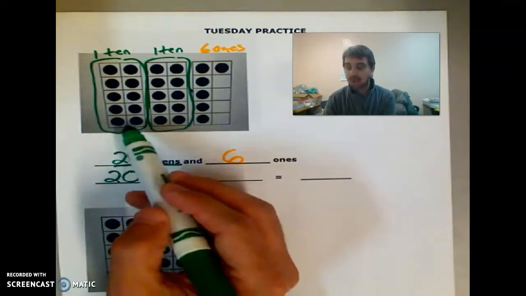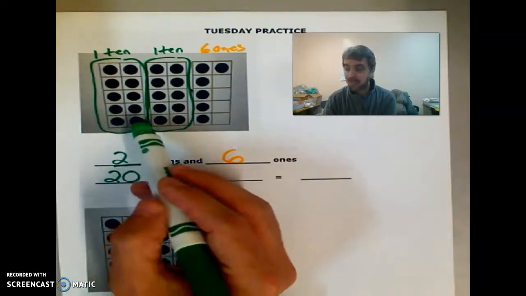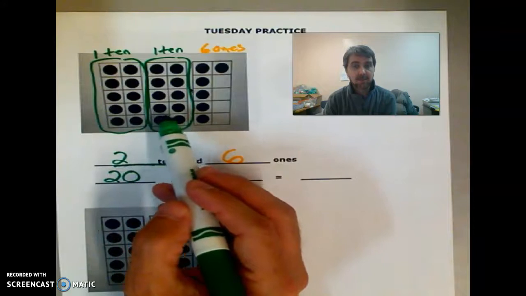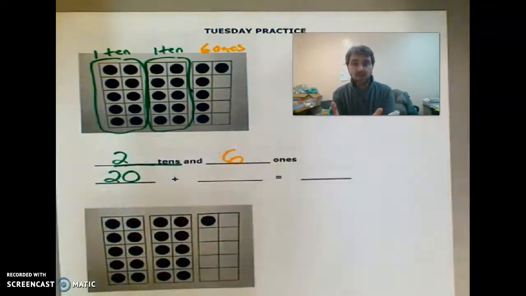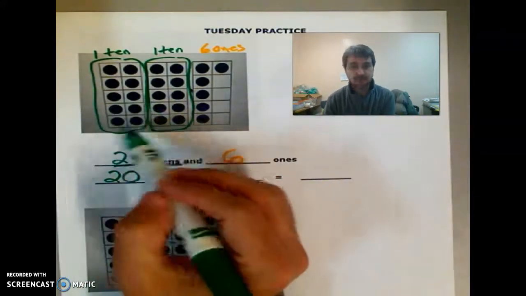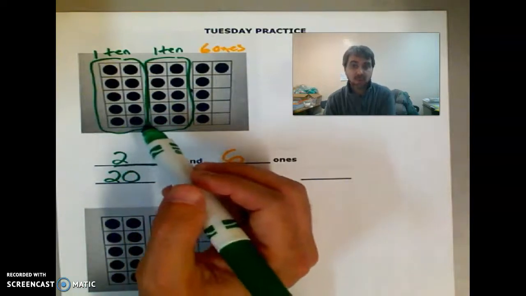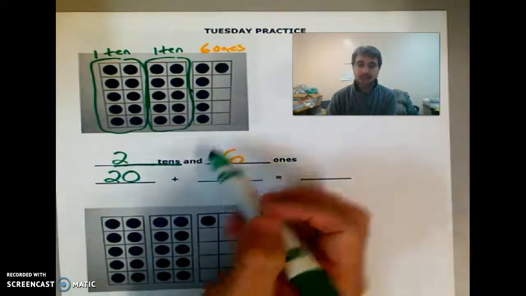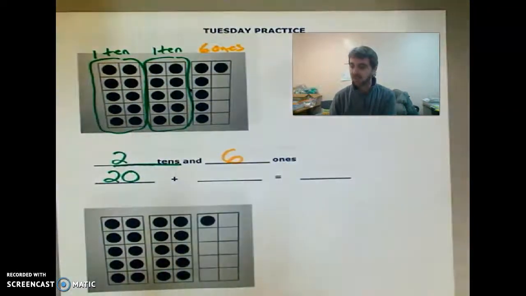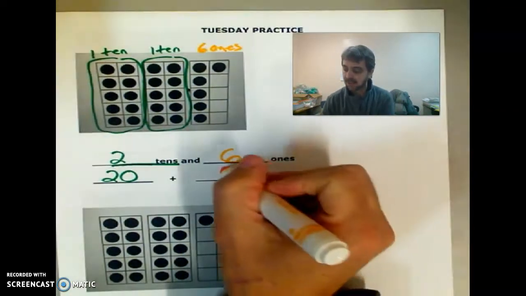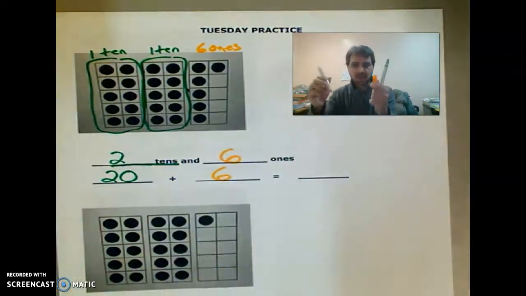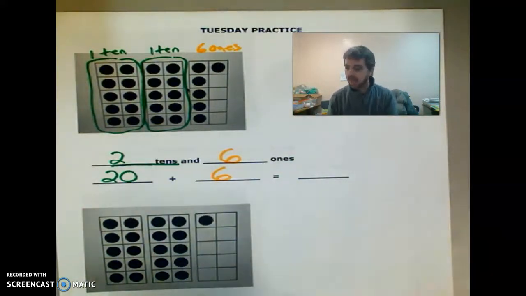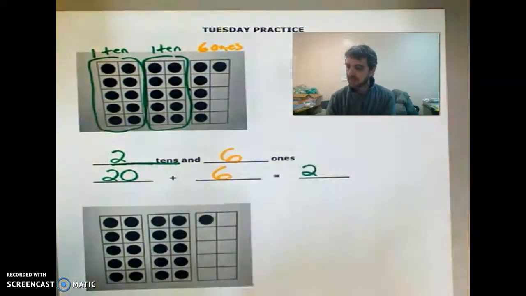Or 2 nets that hold 10 butterflies, if they were filled up, would mean that you have 20 butterflies. And then we also know that there are 6 left over. We write down 6. Again, you don't need to do 2 different colors. A pencil is fine. I'm just doing it to help you see the difference between the tens and the ones. And so we end up with 26.